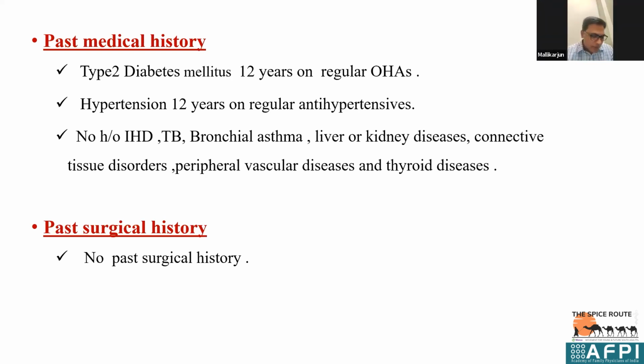Another type of presentation, acute onset jaundice with ascites, is Budd-Chiari syndrome. There is acute onset of hepatic vein occlusion, which we call acute Budd-Chiari. That presents with pain abdomen, jaundice, and ascites. Fever plus minus they can have.